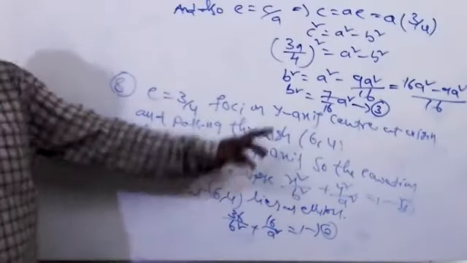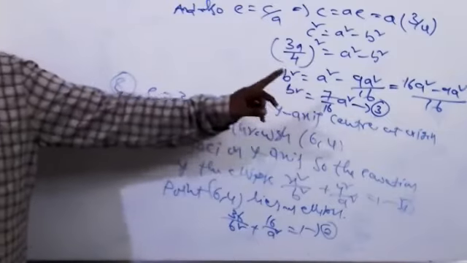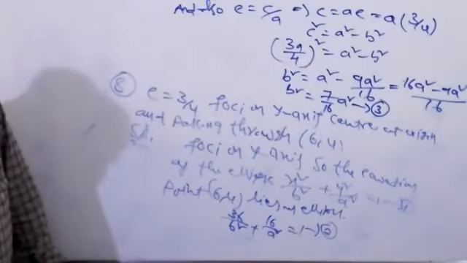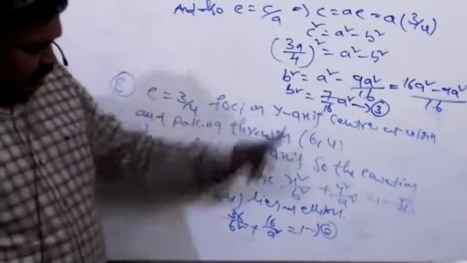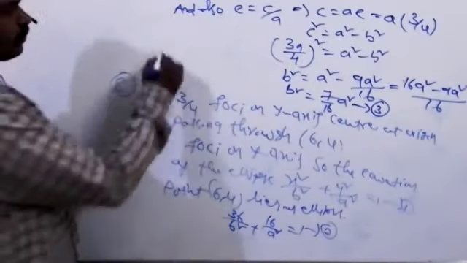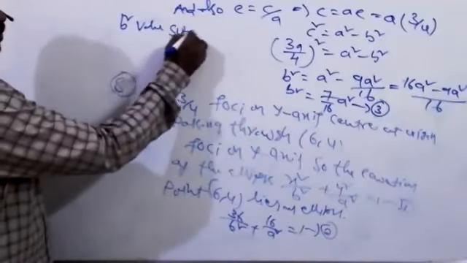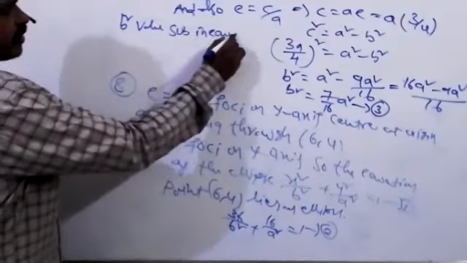Now substitute the b square value in equation 2.